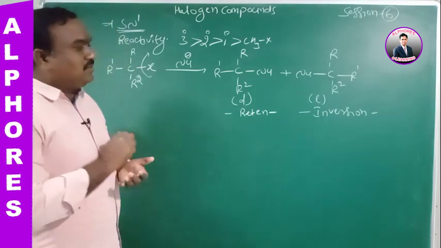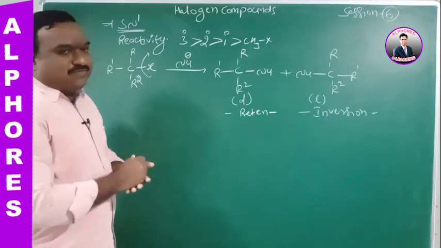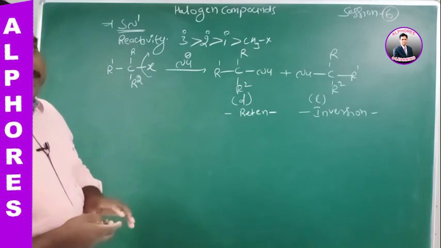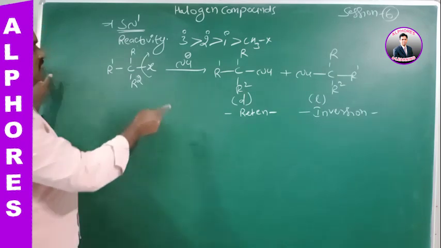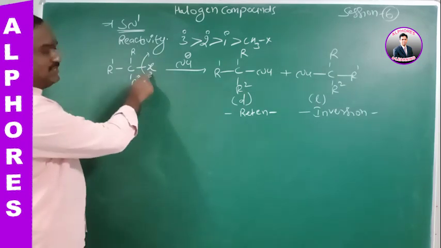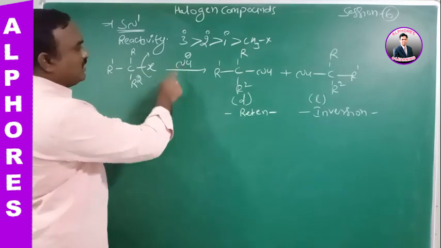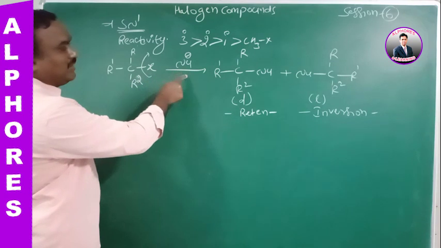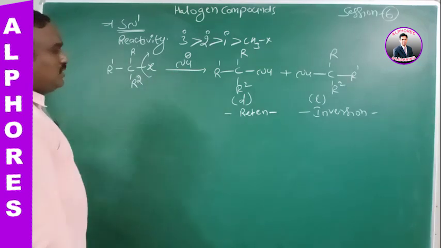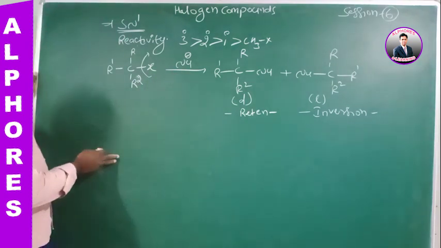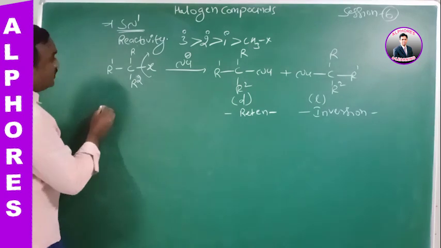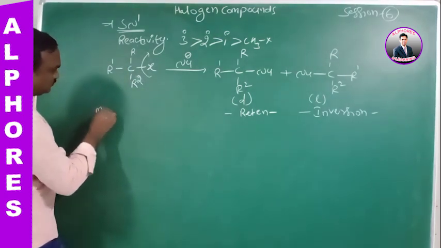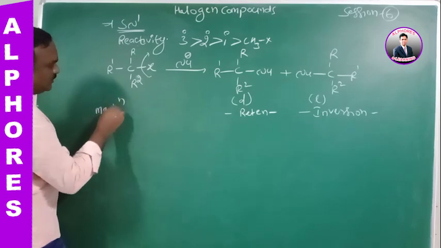Finally, X minus is the outgoing group, the leaving group, and Nu minus is the incoming group, the entering group. So now the unimolecular nucleophilic substitution reaction mechanism.